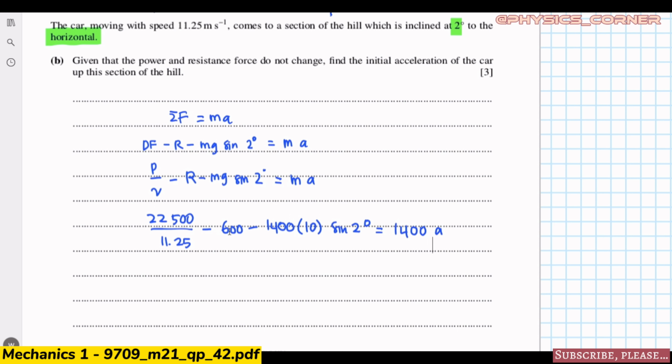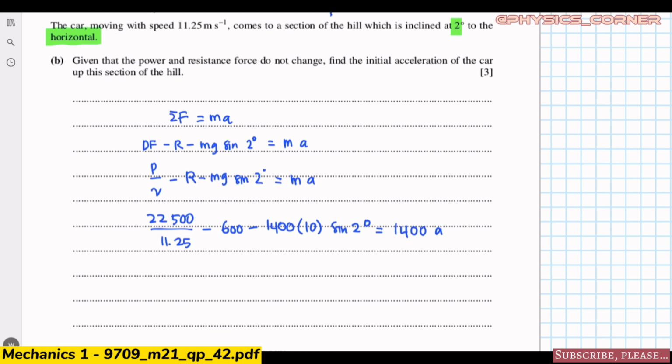225, 200, with sine 2, minus, divided, this is about 0.65.